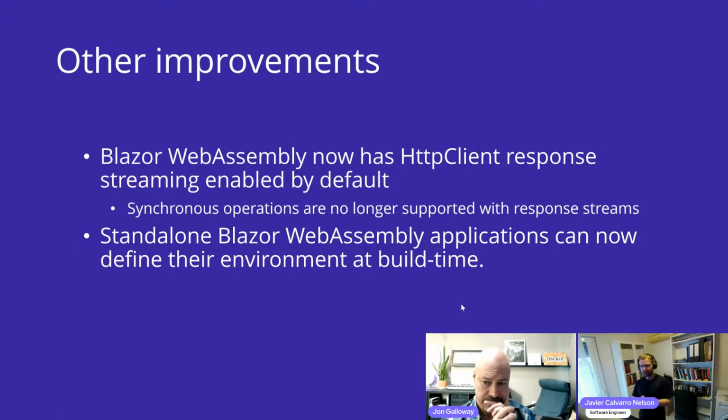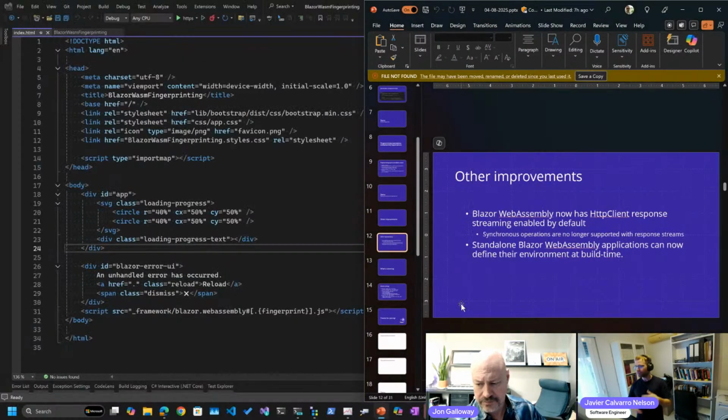The counterpart is that since we are doing streaming, synchronous operations on buffers are not possible. So reading synchronously from the buffer is not possible because the data is not there.